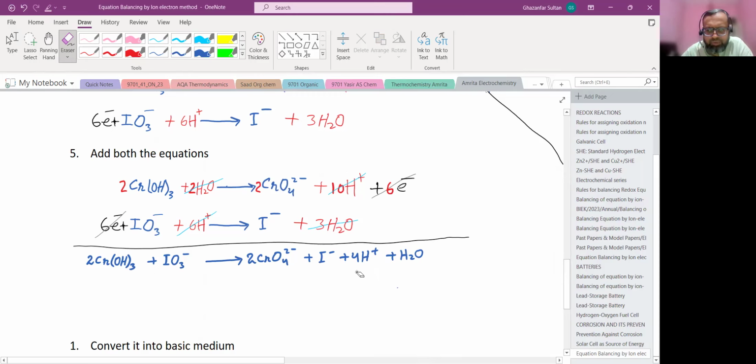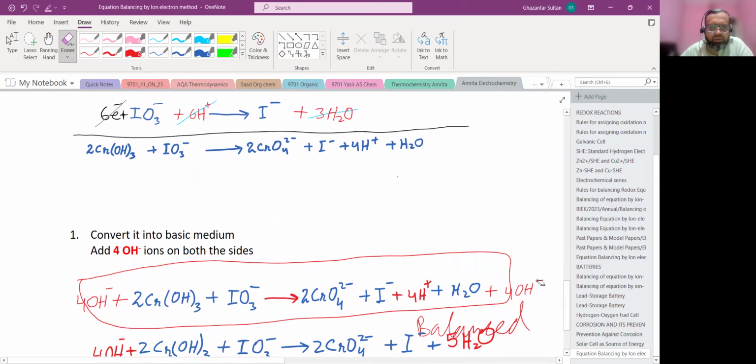So if there are 4 hydrogen ions on the right hand side, we must add 4 hydroxide ions, but we can't do this on only one side.